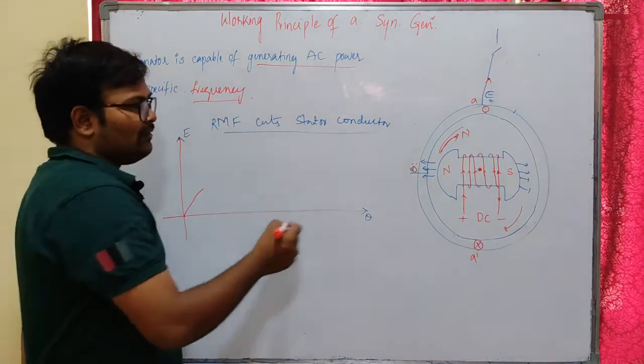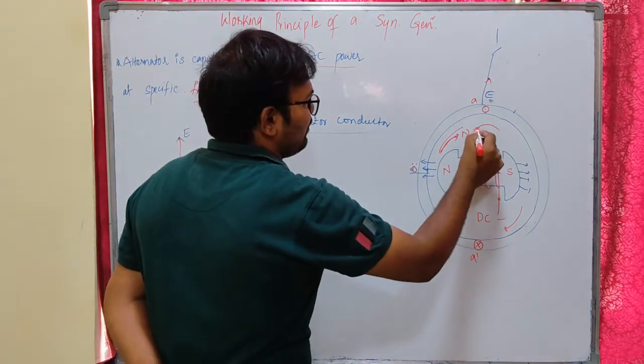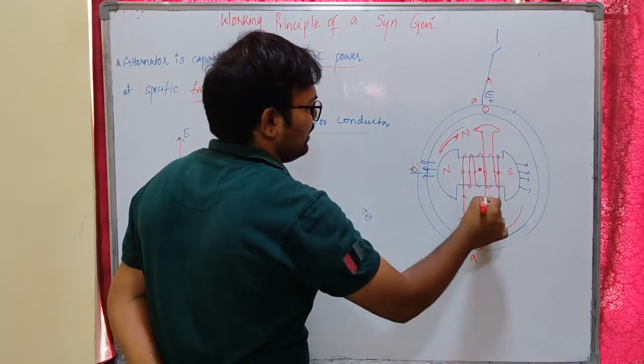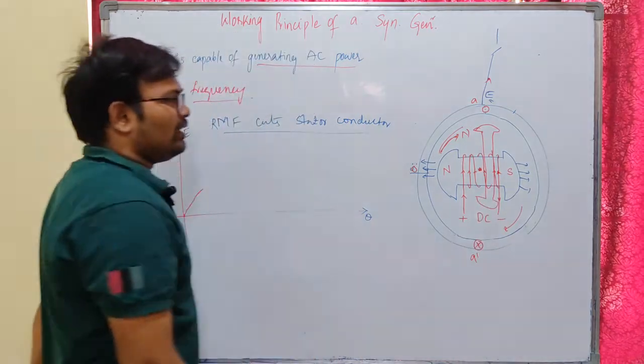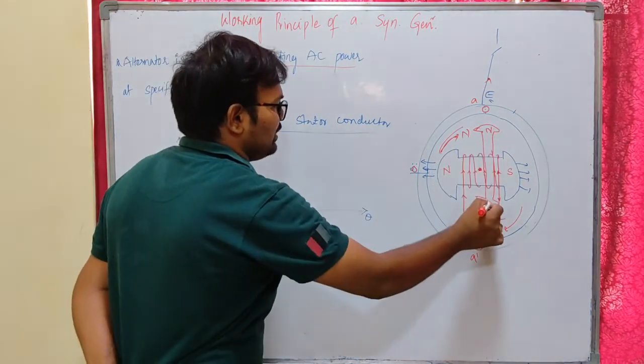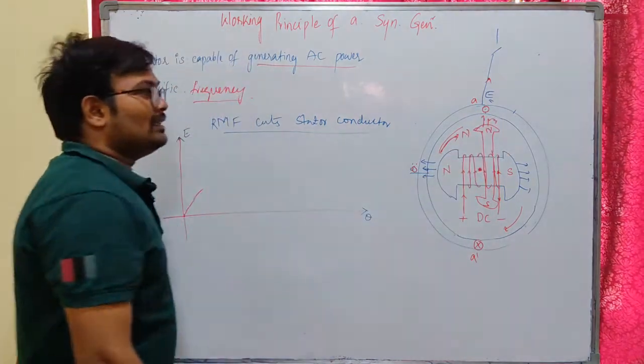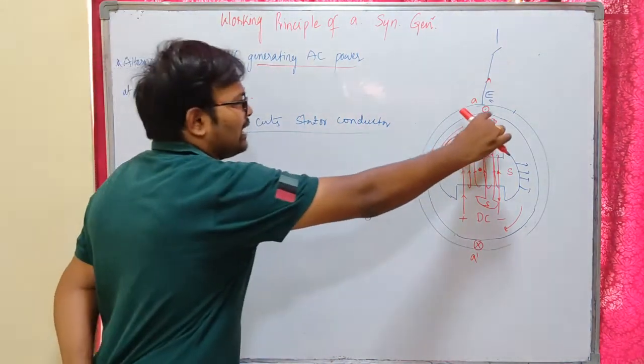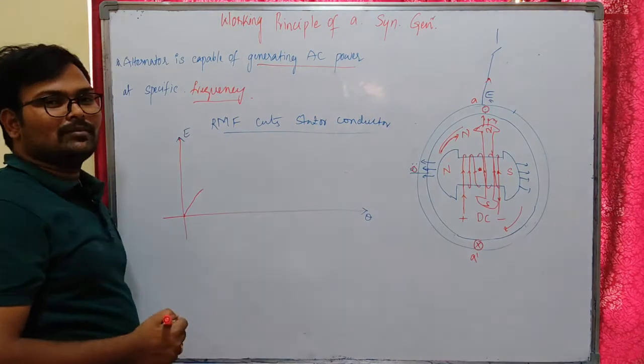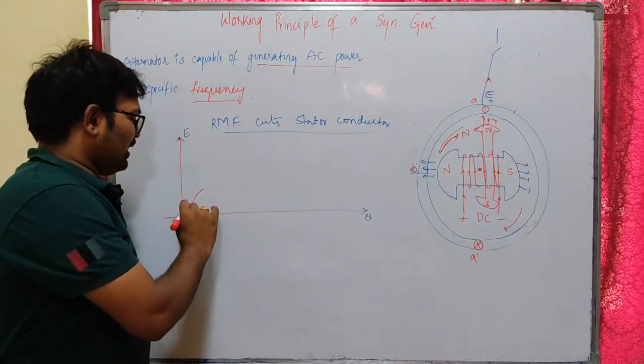Okay, so as our rotor reaches this place, let us assume this is a new position of rotor. Okay, this is north pole and this is south pole. This flux will cut the stator conductors, and that is maximum. As the air gap is minimum, the flux linkage will be maximum with respect to the stator conductor. That will induce maximum EMF.